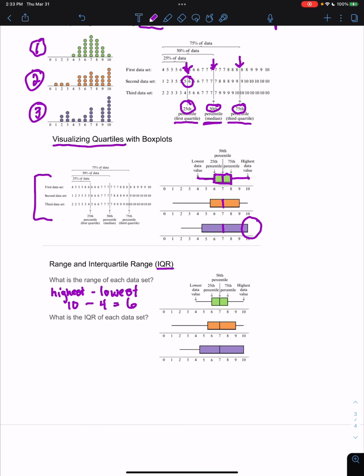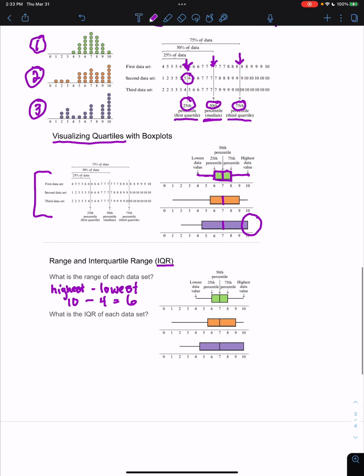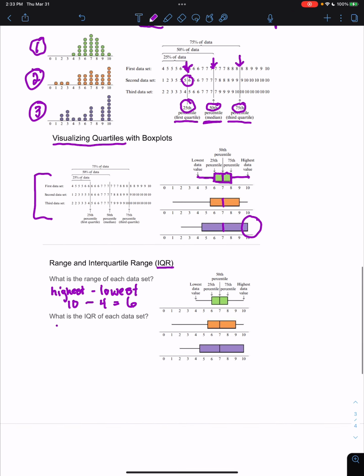All right. So then what is the IQR? Well, again, it's a range, but it's the interquartile range. So what we're going to do is take the value for the 75th percentile and subtract the value for the 25th percentile.